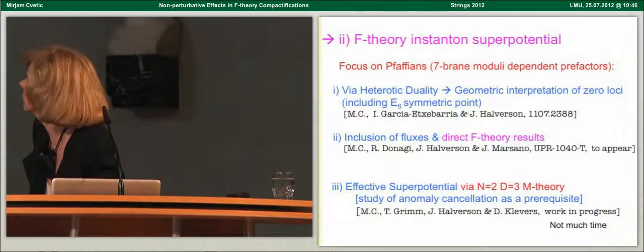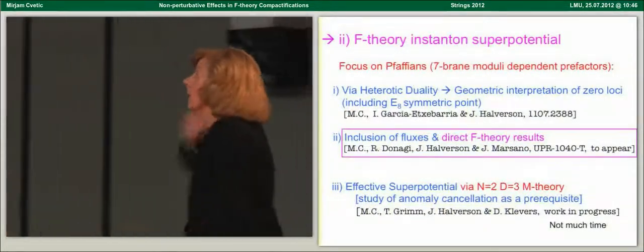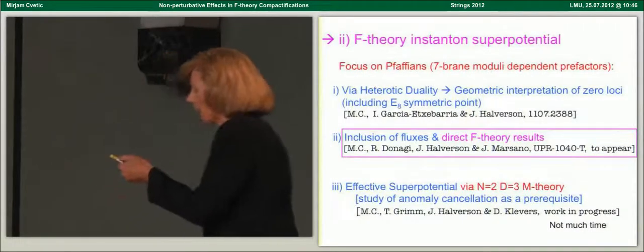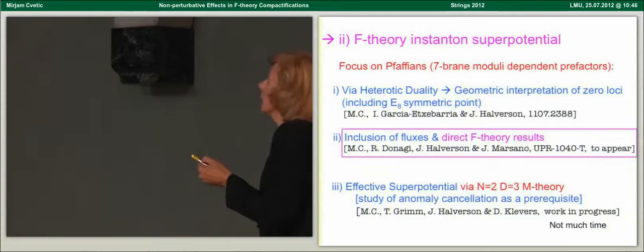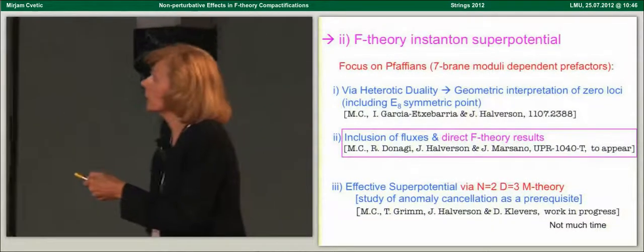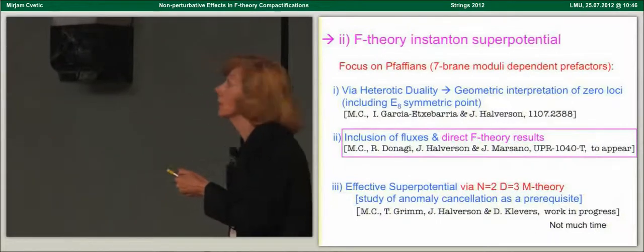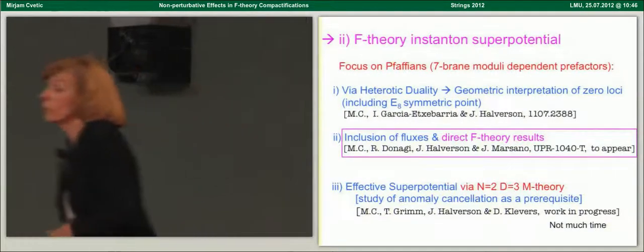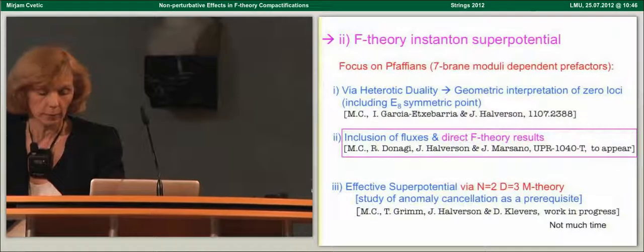So my focus will really be on highlighting aspects of our work where we try to get a direct F-theory proposal to calculate and get information on such Pfaffians. So this is the work together with Ron Donagi, Jim Halverson, and Joe Marsano, and it's a work that is hopefully about to appear.